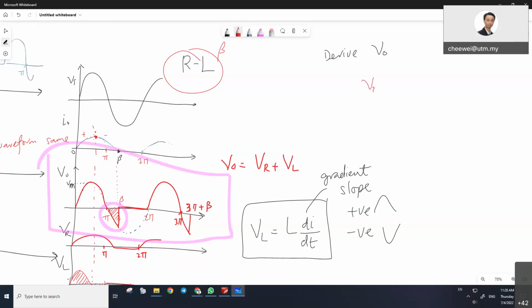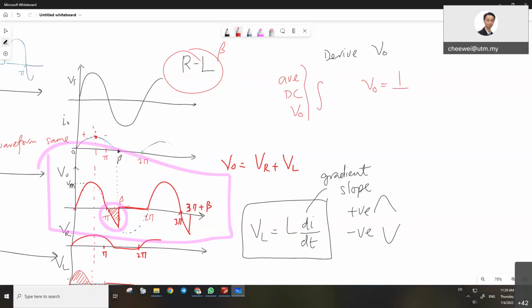V out equals to, we know that the average voltage, or the DC voltage, is always referring to V out or I out. All these we are using integration, just to take the area under the curve. So we start with 1 over the full period of the waveform, which is 2 pi.